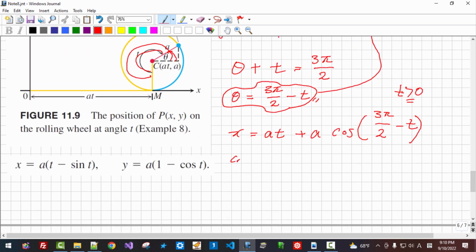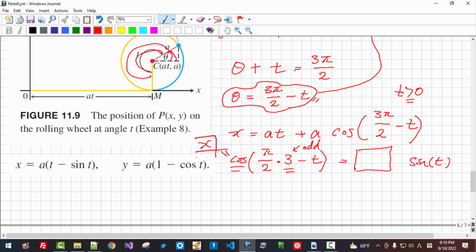Now cosine of pi over 2 times 3 minus t, n is odd, so it becomes sine t. We have to determine the sign. Cosine follows the sine of x. This angle is here.